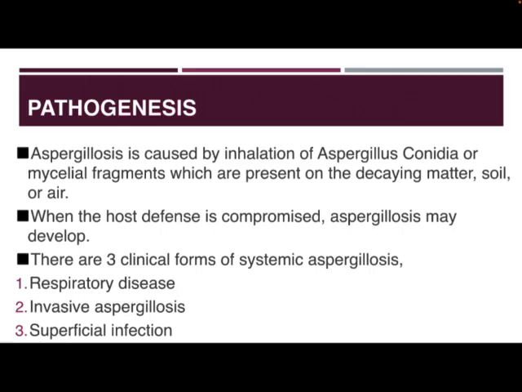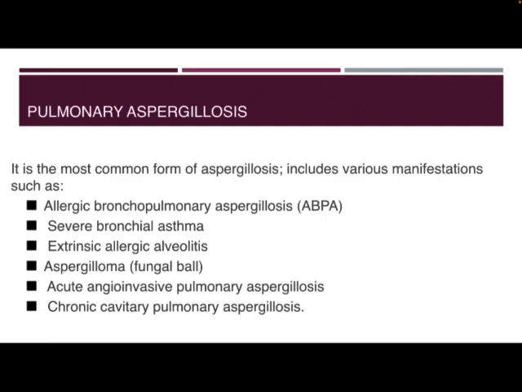Usually, the pathogenesis, or what is the real infection? It is a respiratory tract infection. In human beings, it causes respiratory disease, invasive aspergillosis, and superficial infection. The most common clinical conditions of aspergillosis include allergic bronchopulmonary aspergillosis, bronchial asthma, allergic alveolitis, aspergilloma or fungal ball, acute angioinvasive pulmonary aspergillosis, and chronic cavitary pulmonary aspergillosis.